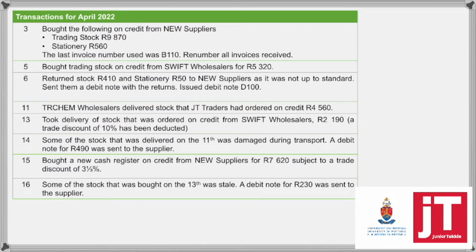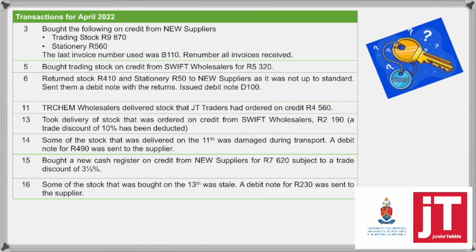So if we look at the transactions first, it is important that we first look at our keywords. Remember, when we look for transactions relating to the creditors journal, we look for transactions that say bought on credit, issued an invoice, received stock on credit, ordered on credit.